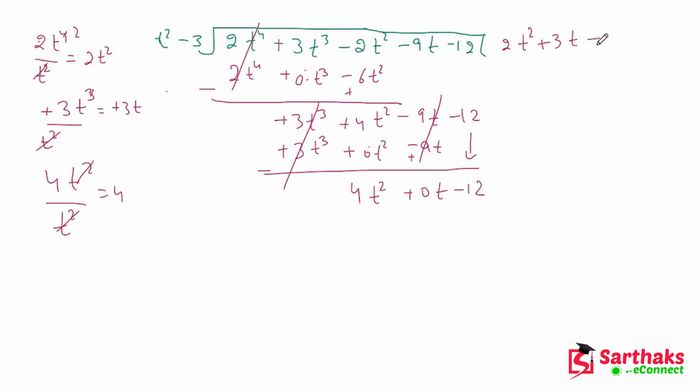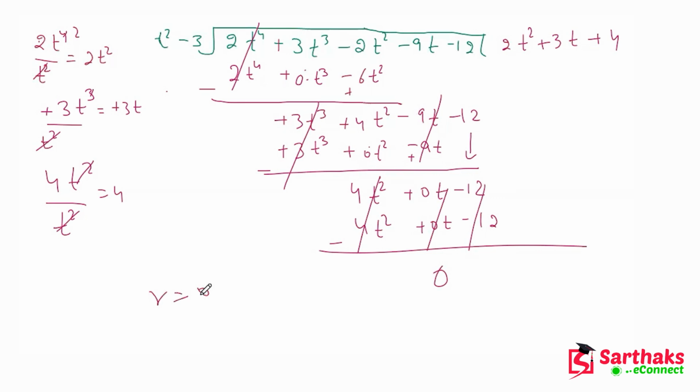Now here is 4, and if we multiply this, we get 4t square plus 0t minus 12. 4 3s are 12. And if you subtract it, this got cancelled, and here we get 0. So the remainder is 0.